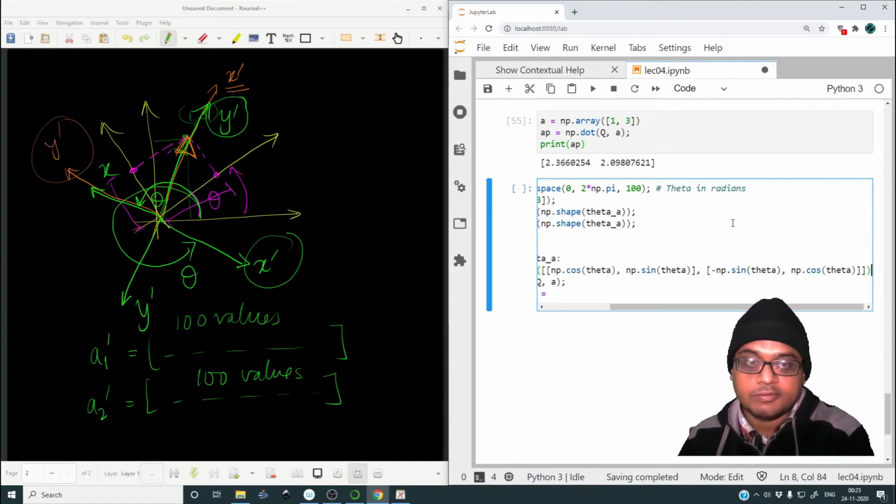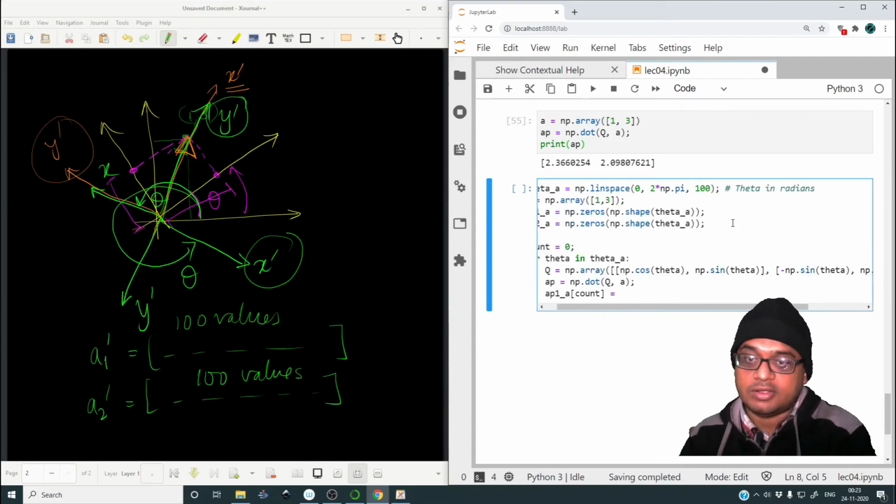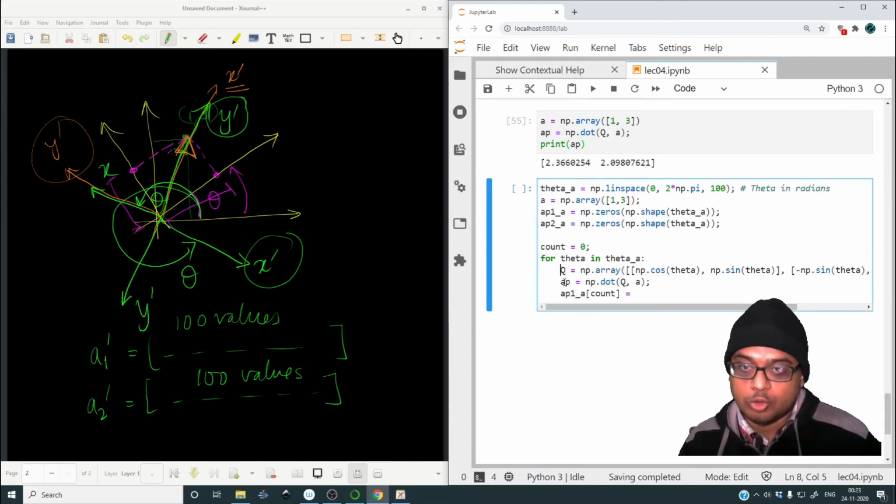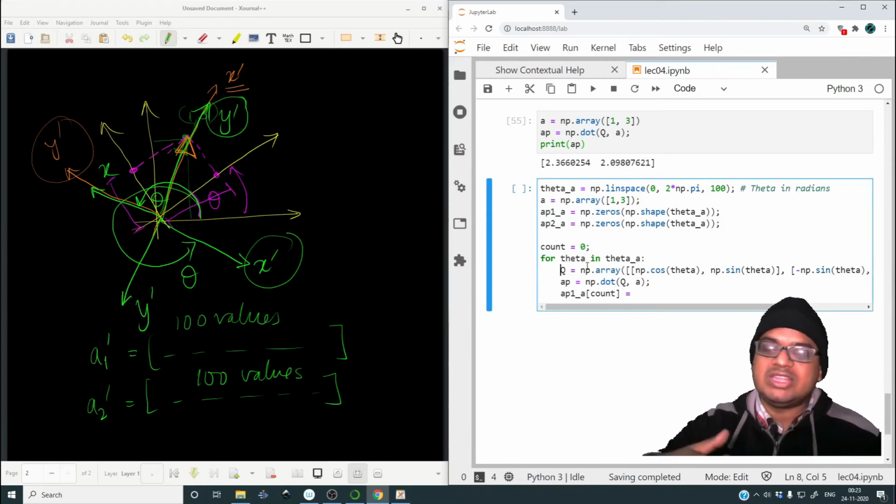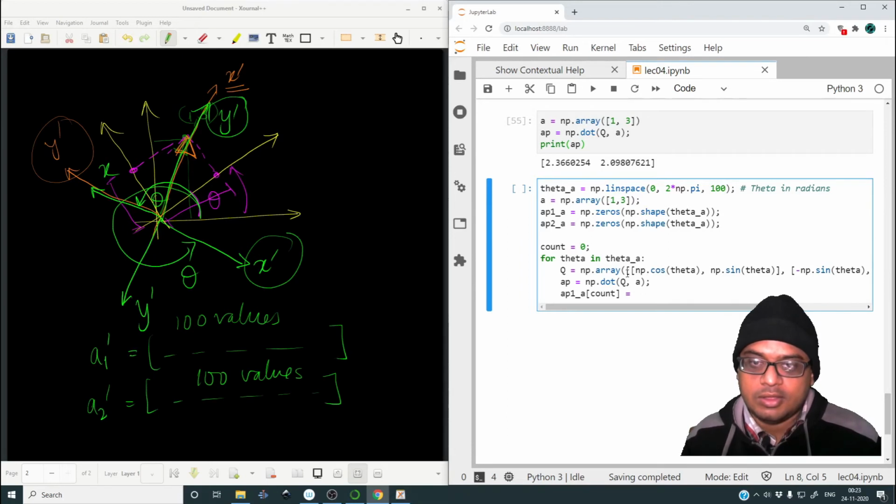All right, so we have defined the transformation matrix q inside the loop, because theta is changing. Each time theta changes, the matrix q has to change as well. A is defined, a is not going to change.